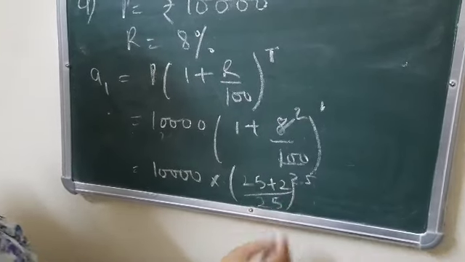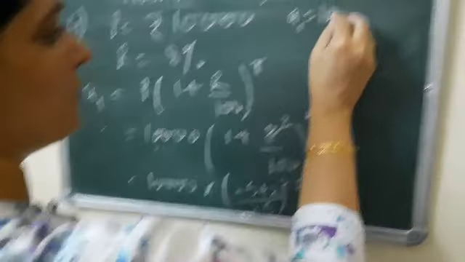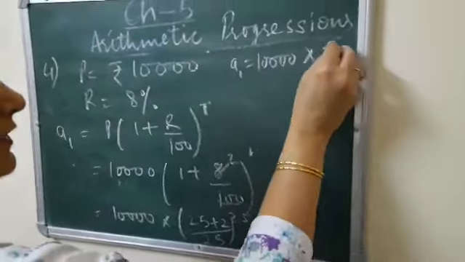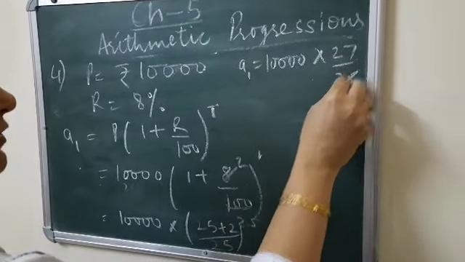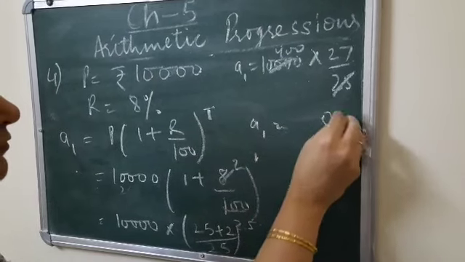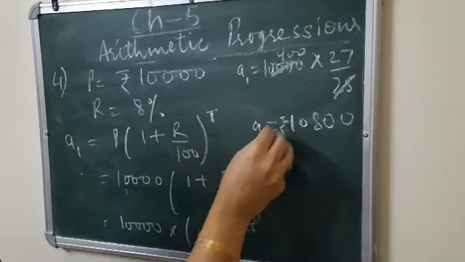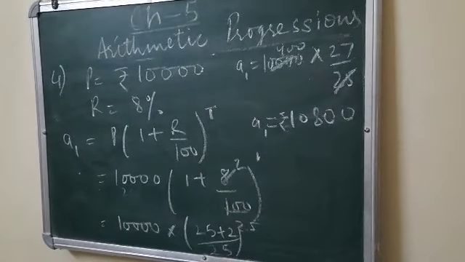LCM we are taking, and then A1 is 10,000 into 27 upon 25. Solve it. 400. A1 is equal to 10,800. So our A1 is 10,800.